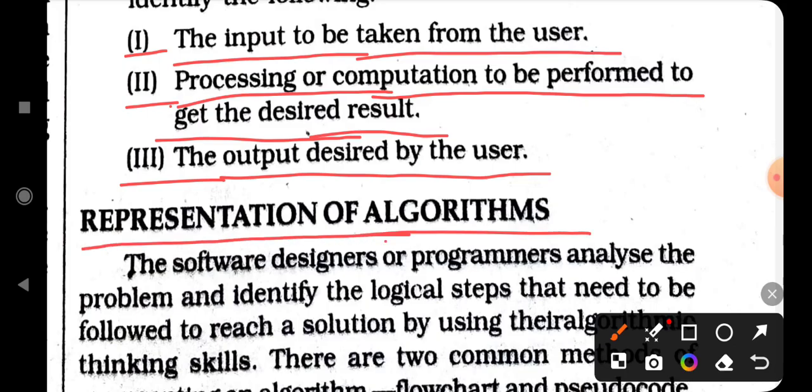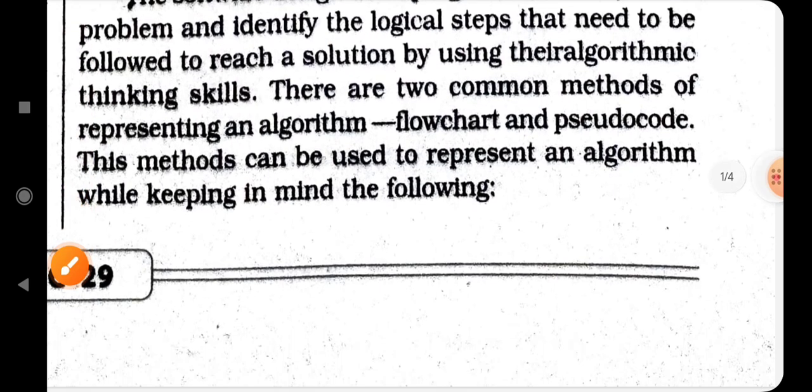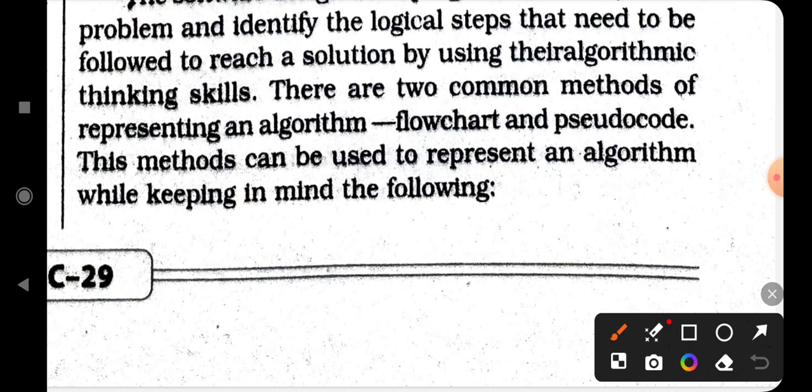Representation of algorithms. The software designers or programmers analyze the problem and identify the logical steps that need to be followed to reach a solution by using algorithmic thinking skills.